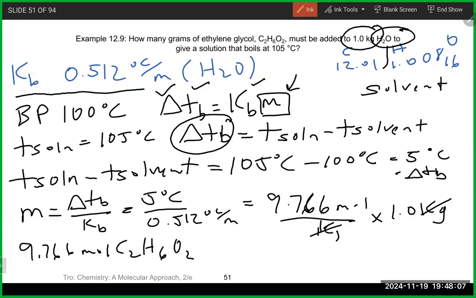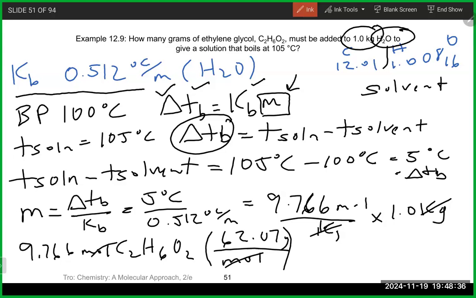Now we can use the molar mass from the periodic table to calculate how many grams that would be. So that is 2 times 12.01 plus 6 times 1.008 for the hydrogen plus 32 for the oxygen. That is going to give us a molar mass from the periodic table of 62.07 grams per mole.